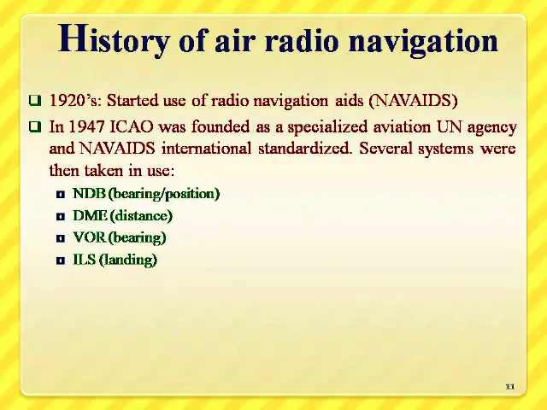Several systems were then taken in use, and they are NDB, non-directional beacon, which is meant to give the position information and the angle information, which we normally call bearing, to the pilot.